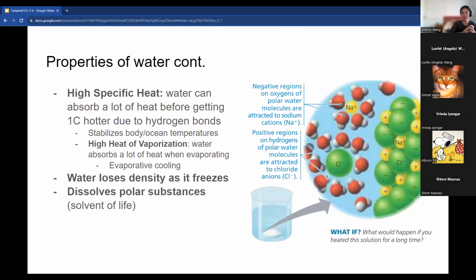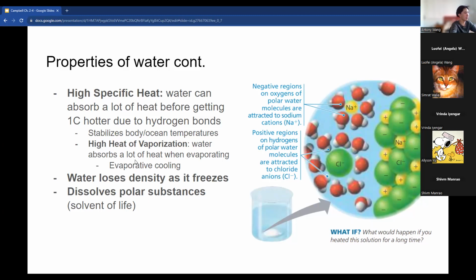But in the case of water, when it freezes, the atoms do stop moving a lot more, but because water has hydrogen bonds, the water molecules lock in place. As a result, the individual water molecules are actually farther apart than in liquid water. And this allows ice to float.